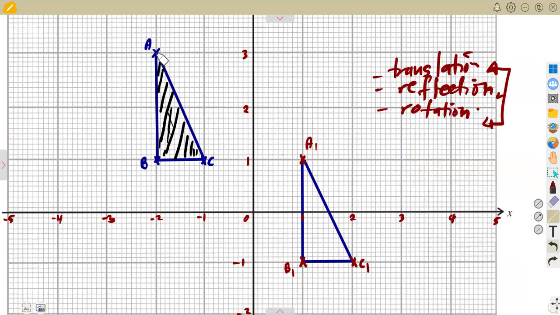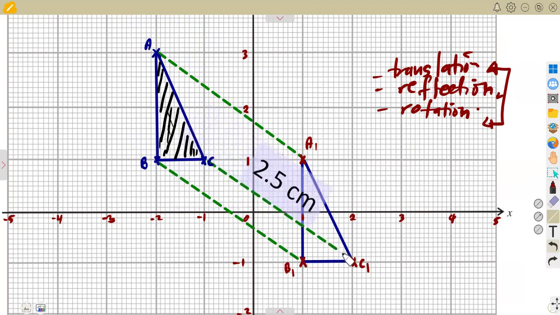You join point A to point A1 using your ruler, A to A1, with broken lines. You do the same thing, B to B1, like this. C to C1, like this. You are joining using your ruler.